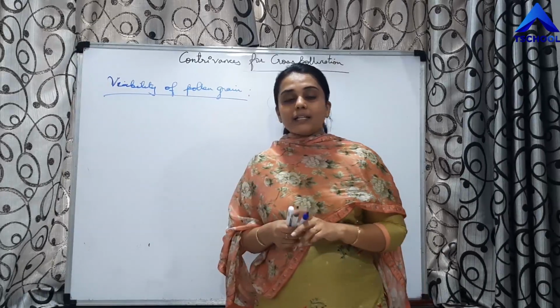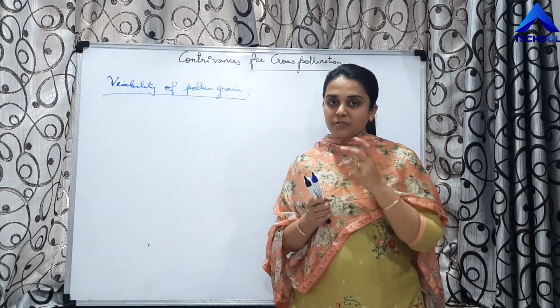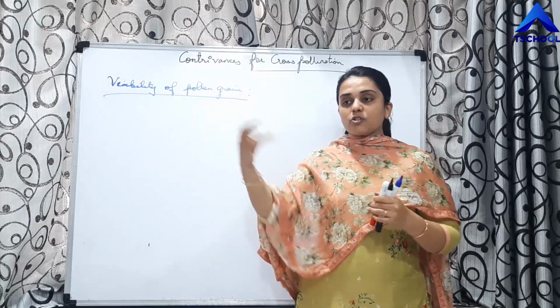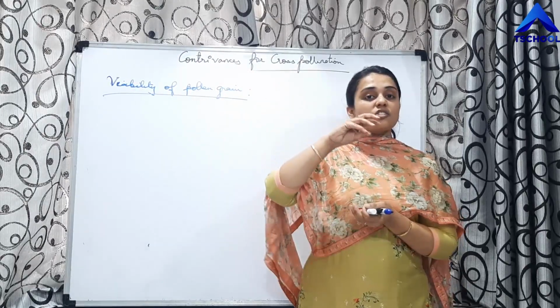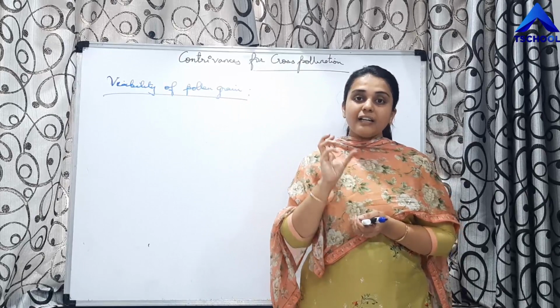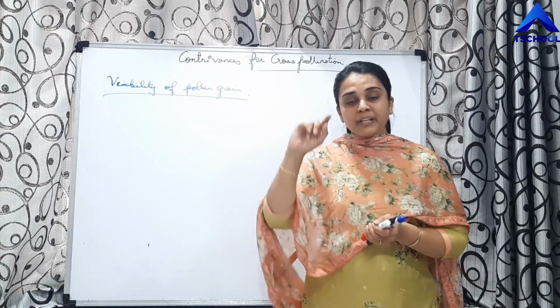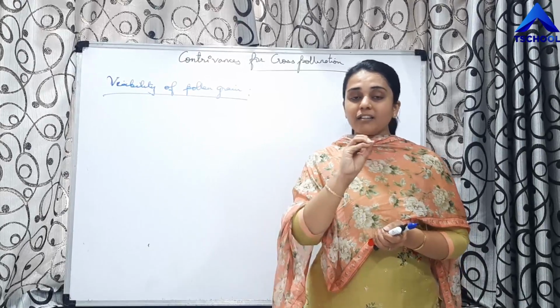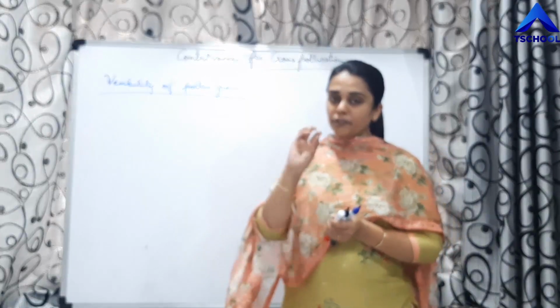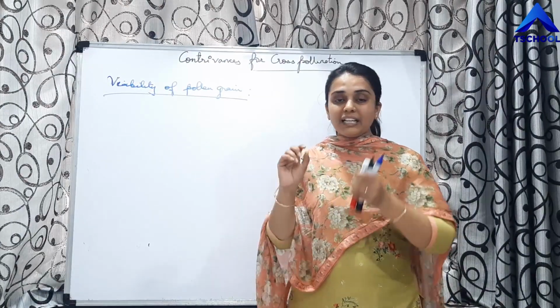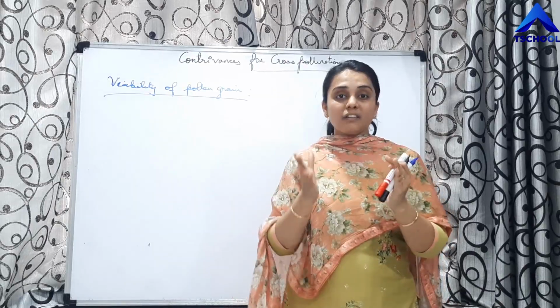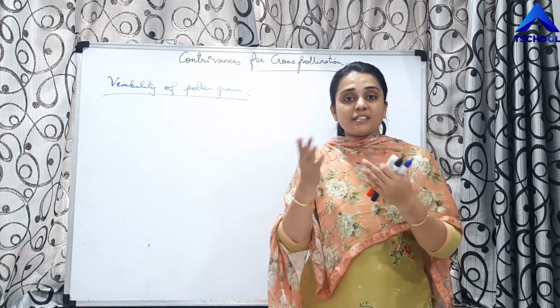So pollen grain is a male gametophyte. It possesses male gamete. Right? So pollen grain reaches the stigma of a flower. Then pollen grain germinates. Pollen grain possesses male gamete. Then this male gamete will enter into the embryo sac and there will be fusion of the male and female gamete. So there is some time period which is required and which is present between it.